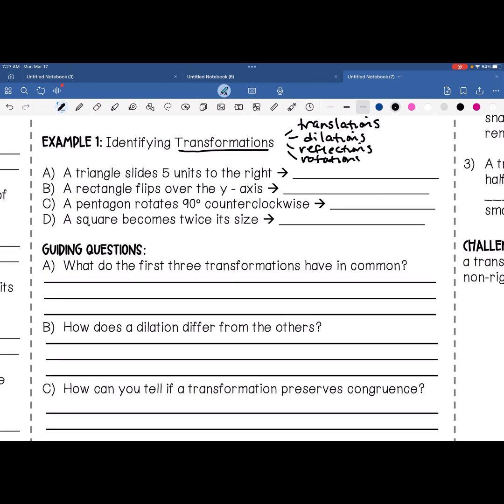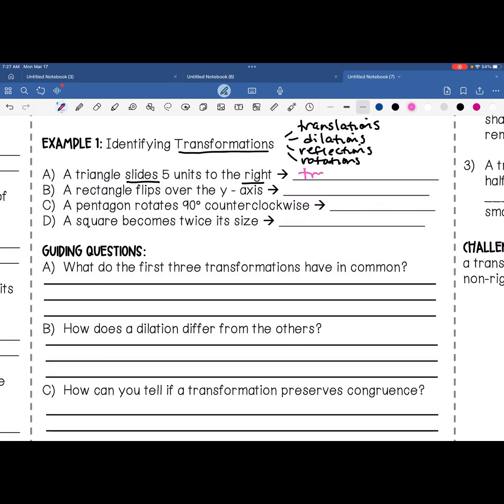So these are the words we're thinking of right now. So if it slides to the right, that is an example of a translation. And you can pause this video and try them on your own and then come back and see if you're correct. A rectangle flips over the y-axis. That's an example of a reflection.